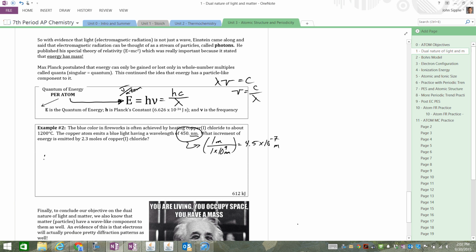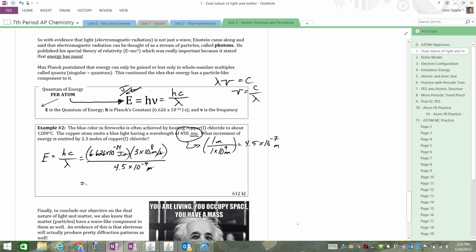E is equal to hc over lambda. That's Planck's constant, 6.626 times 10 to the minus 34 joule seconds, times the speed of light, which is 3 times 10 to the 8 meters per second, divided by 4.5 times 10 to the minus 7 meters. Seconds cancel, meters cancel, and we're left with joules.